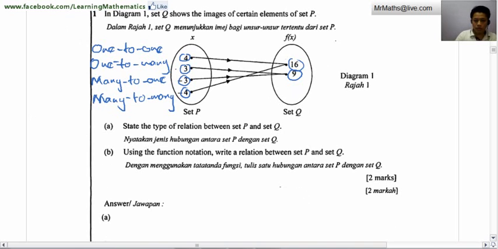Right, so (a), the answer is many to one.